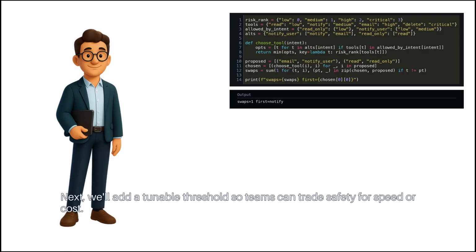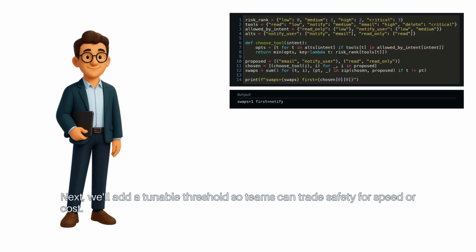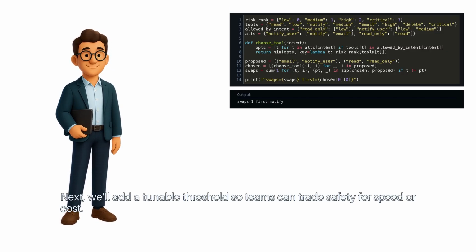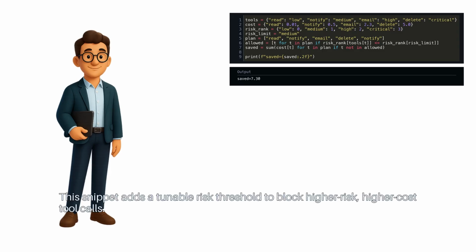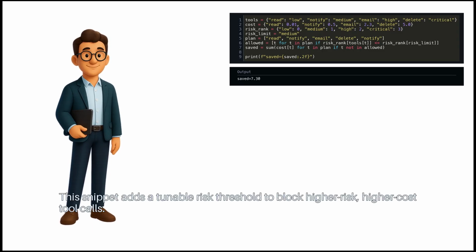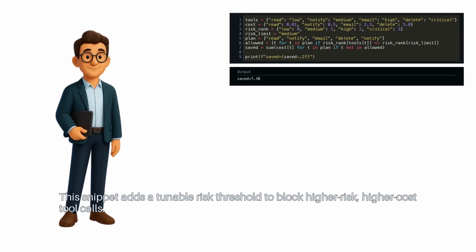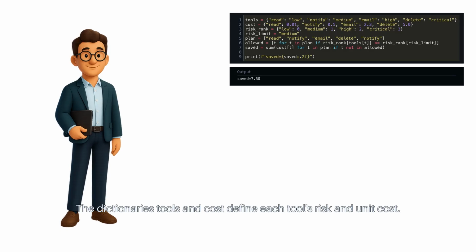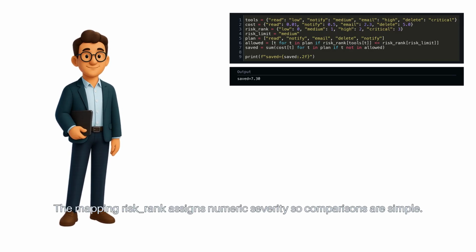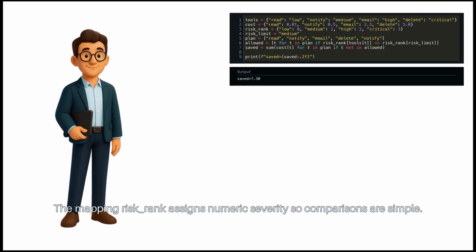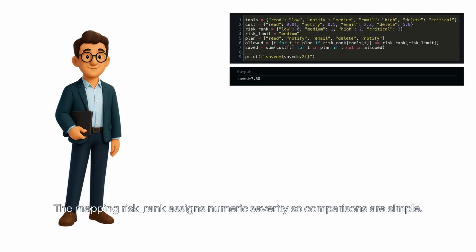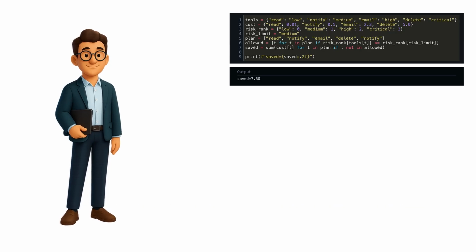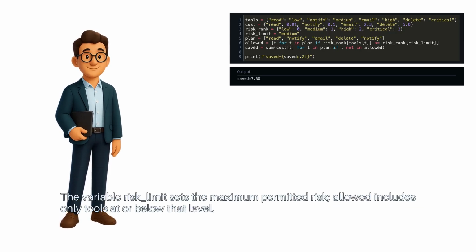Next, we'll add a tunable threshold so teams can trade safety for speed or cost. This snippet adds a tunable risk threshold to block higher risk, higher cost tool calls. The dictionaries tools and cost define each tool's risk and unit cost. The mapping risk rank assigns numeric severity, so comparisons are simple. The variable risk limit sets the maximum permitted risk.